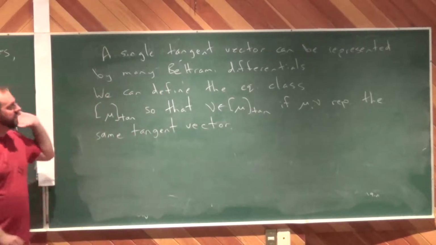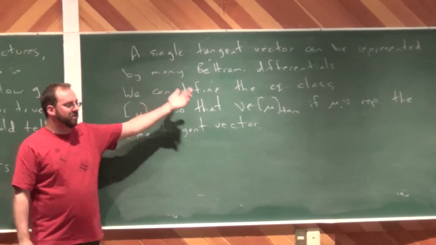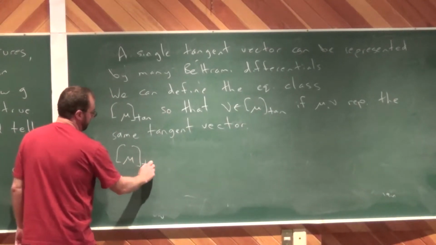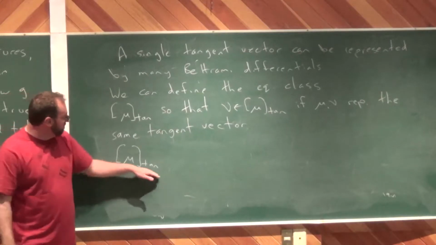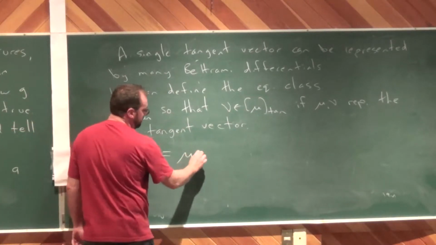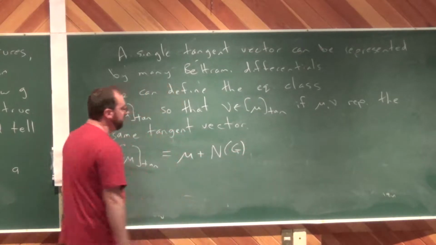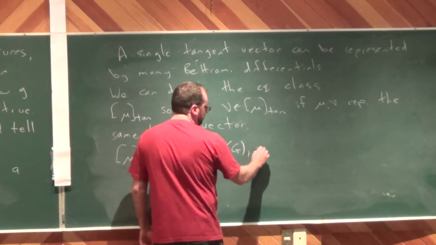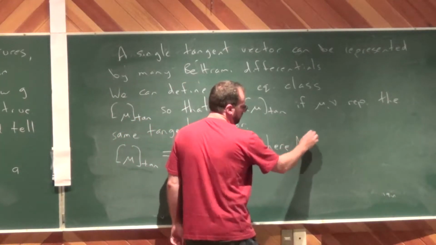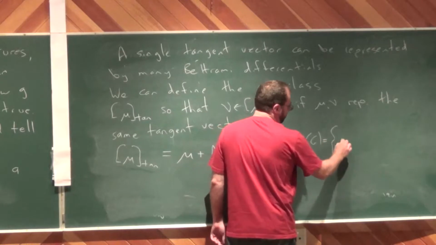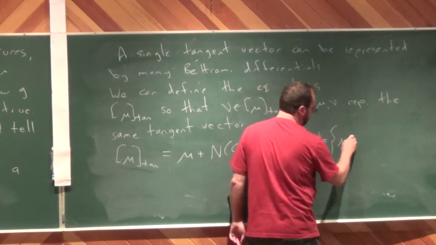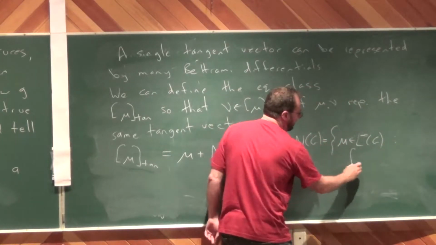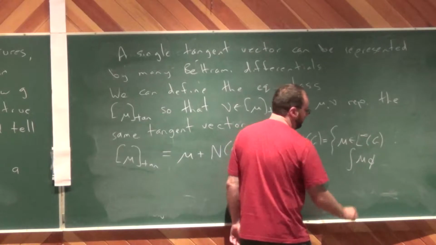Okay, in the interest of brevity, I'm going to gloss over this fairly quickly, but I will just say that the equivalence class mu tan you can write as mu plus N, where N is a linear subspace of your space of Beltrami differentials which annihilate everything in the corresponding Bergman space.